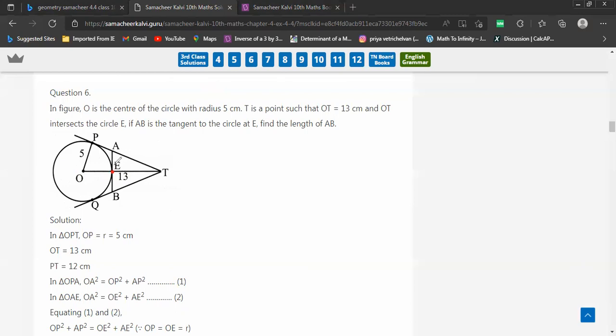So you can name this as the point E. And AB is the tangent to the circle at E. So definitely the tangent line should pass through the E. The tangent line always will touch the circle at one single point. So that single point is going to be E here. Okay. So now they're asking us to find the length of AB. Do you understand the diagram?